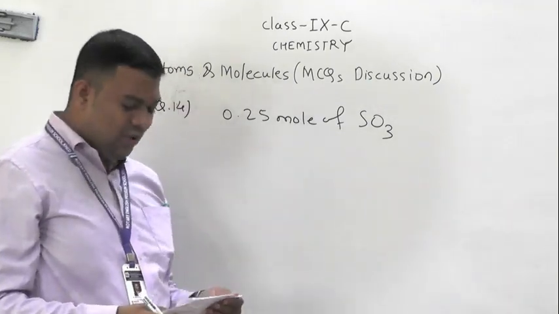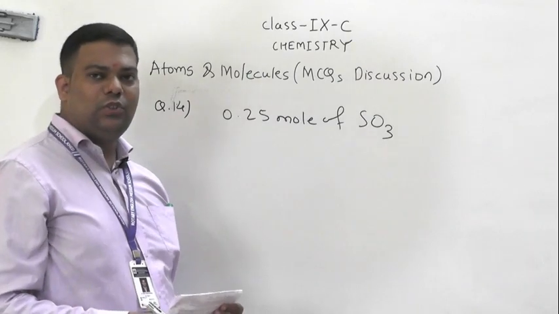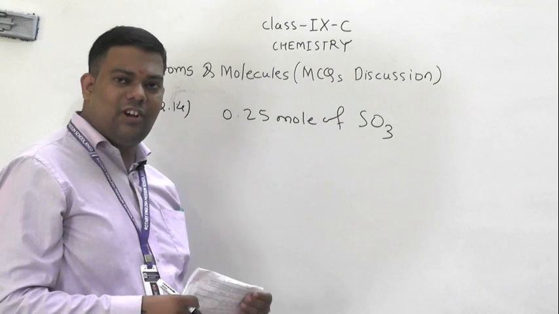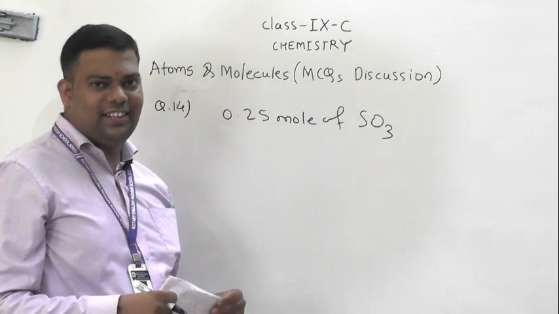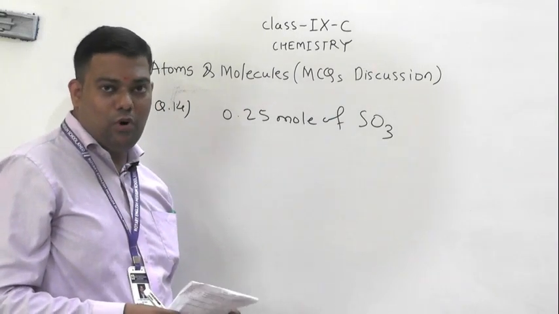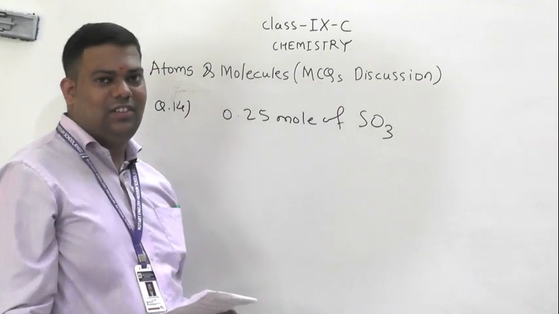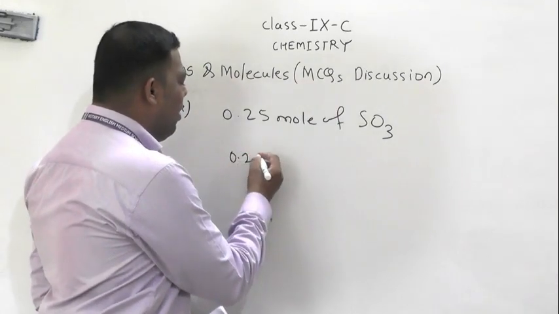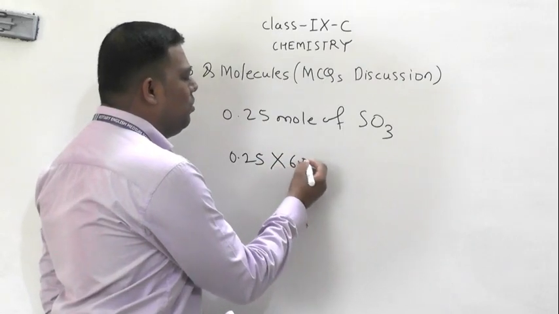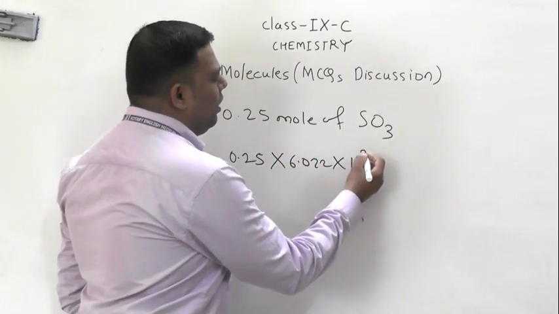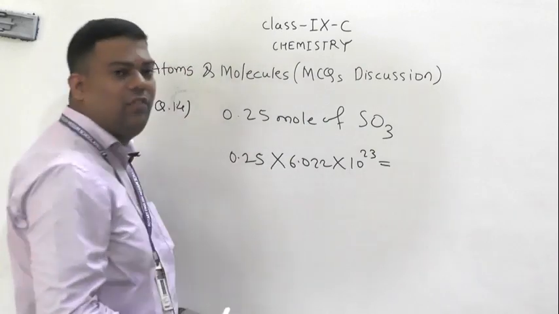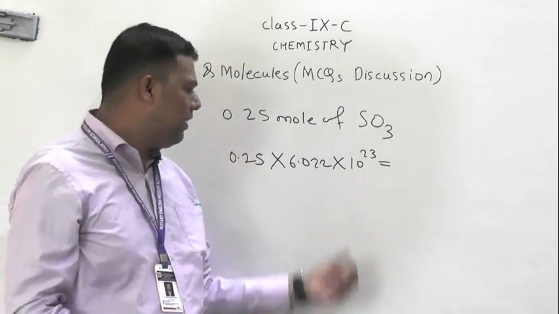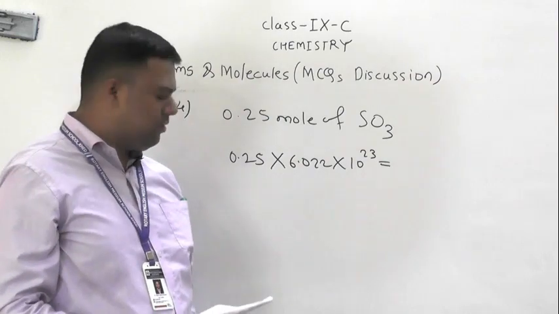But here we have mole. Are you remembering our chart? In that, mole to how many atoms? By multiplying simply the Avogadro number. So 0.25 into 6.022 into 10 raised to 23, then you will get the answer from 0.25 mole.